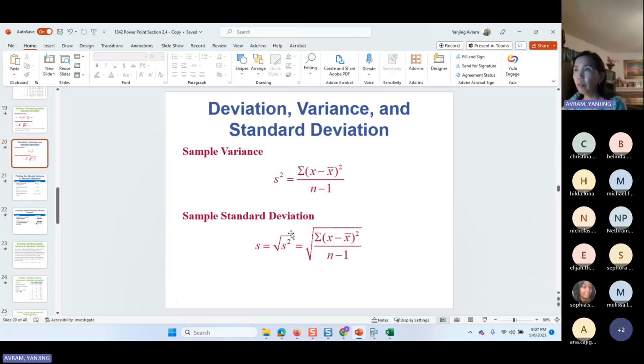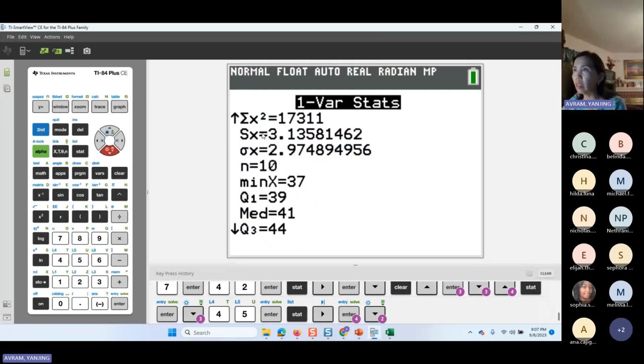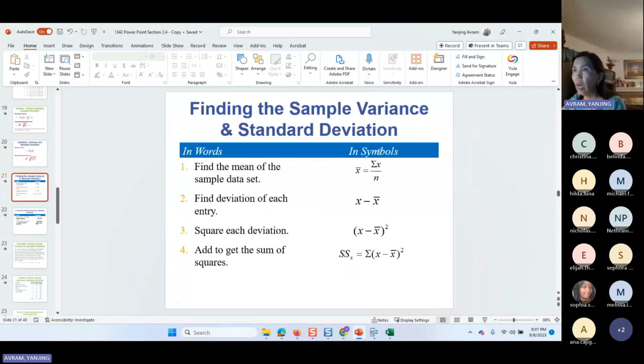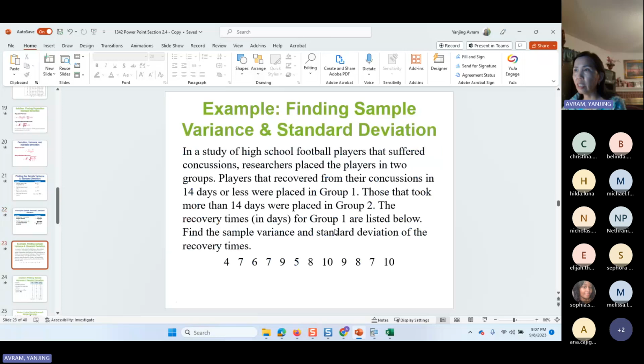If you look at the sample standard deviation and the population one, the sample standard deviation is always bigger. Look at it. Sx is 3.1, σx is only 2.97. This one is always bigger because the denominator is 1 less. Otherwise, the calculation is exactly the same.